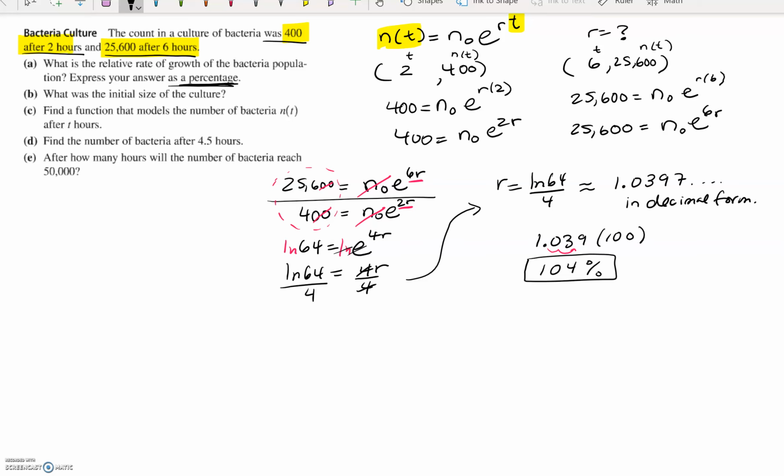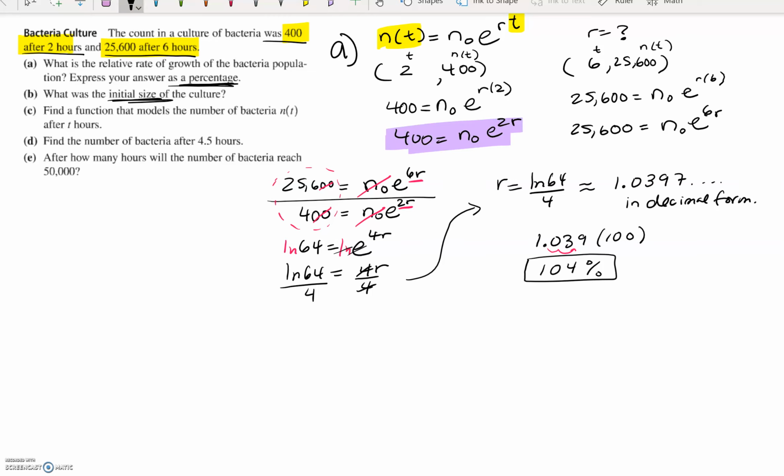So that was part A. Part B says, what's the initial size? That's my N naught. That shouldn't be a problem since I have two equations to go to and use my R value that I have found. So let's say I go to this equation. Doesn't matter where I go to, I'll get the same answer. Let's say I go to the one with the smaller numbers involved.